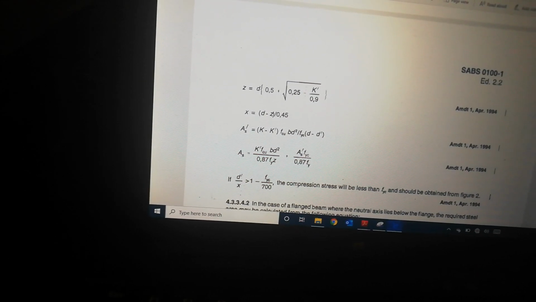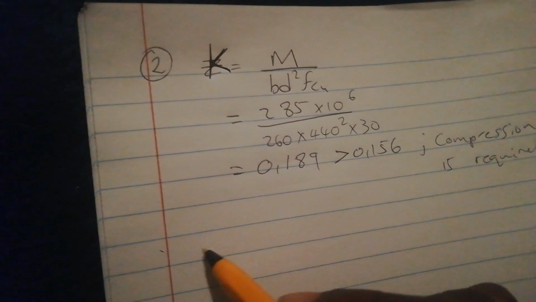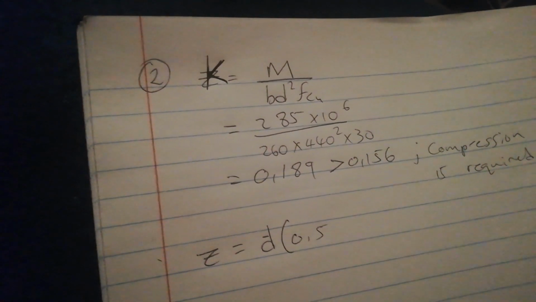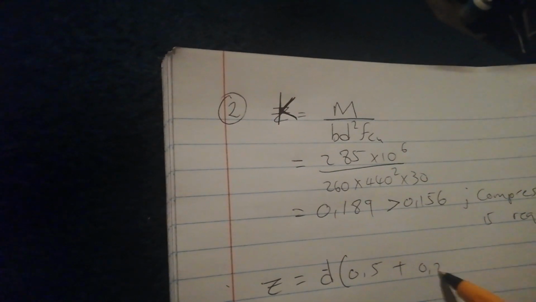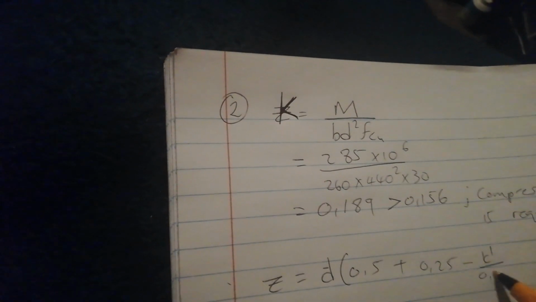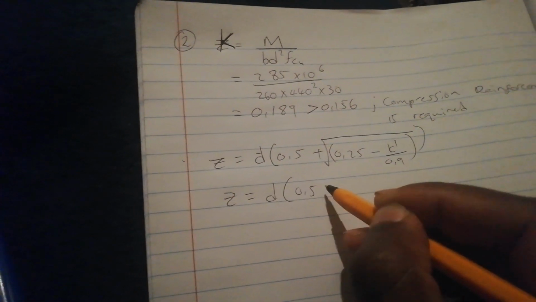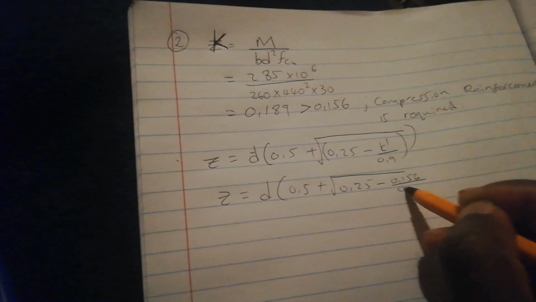The next thing we do is calculate our z using that k prime. So my z is d times 0.5 plus the root of 0.25 minus k prime over 0.9.